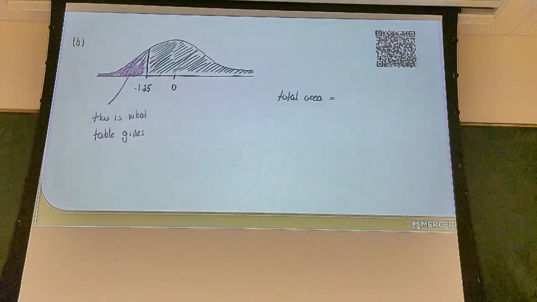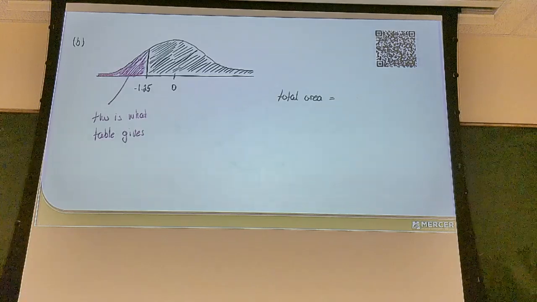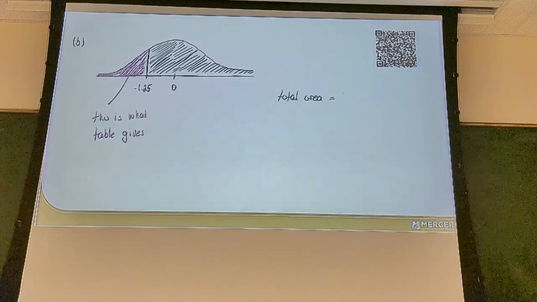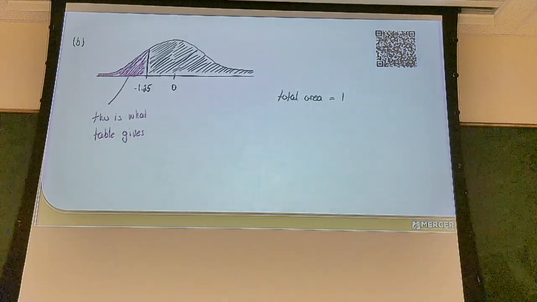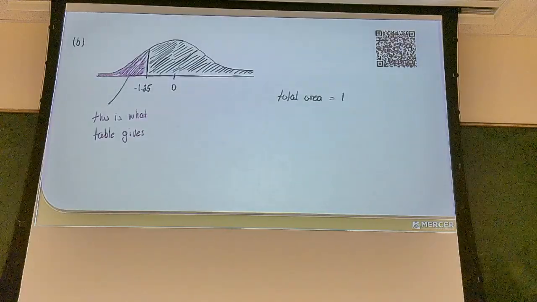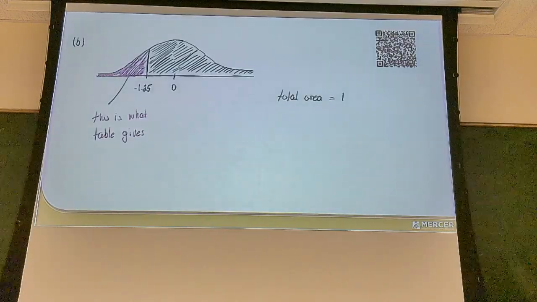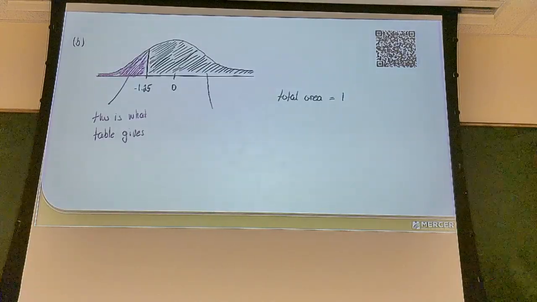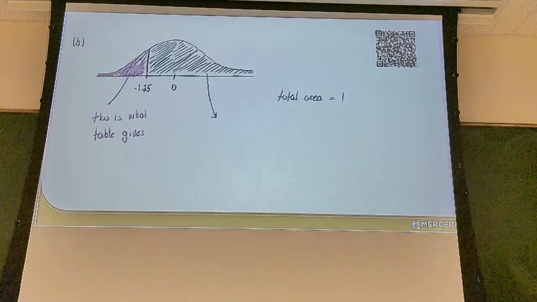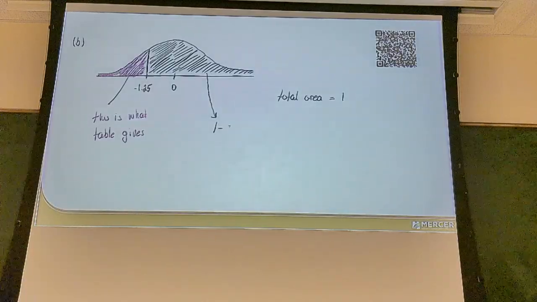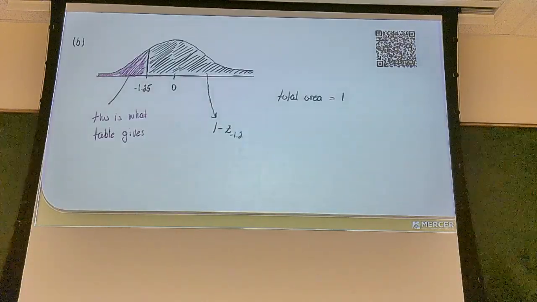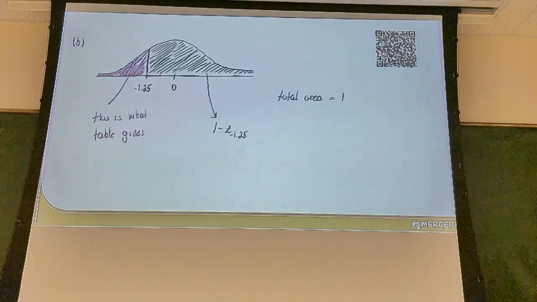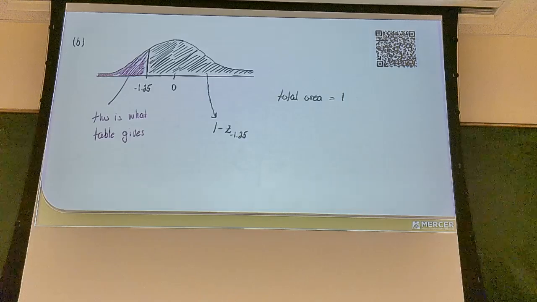Does that mean that the sum of those two has to be 1? So our area of interest is going to be 1 minus the area to the left of negative 1.25.